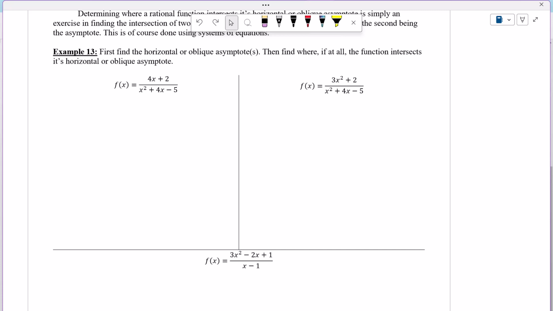Okay, so you should be working on these 2 problems if you haven't already. Has anyone finished the top 2?